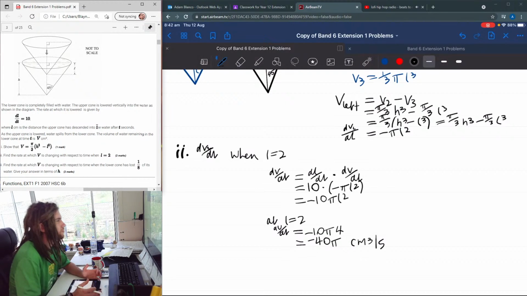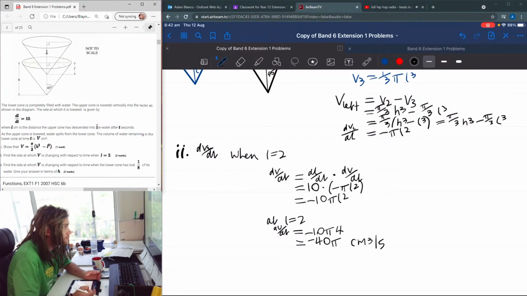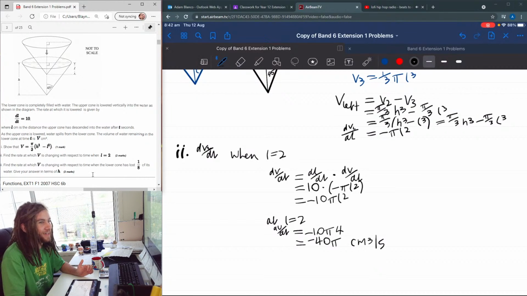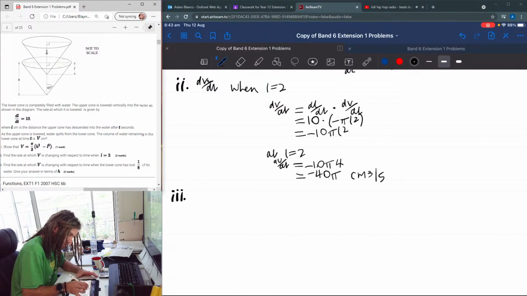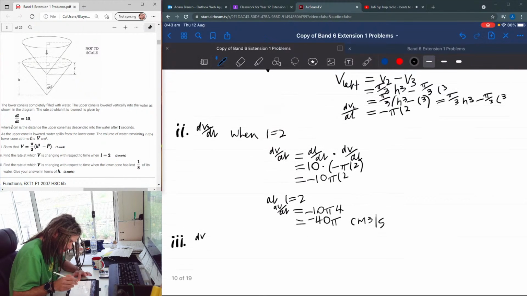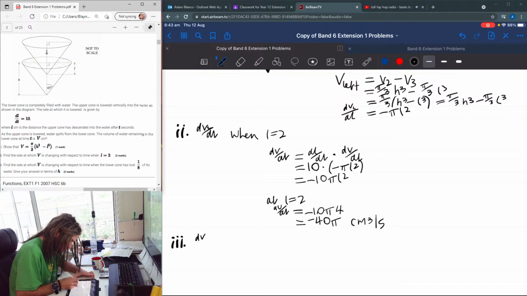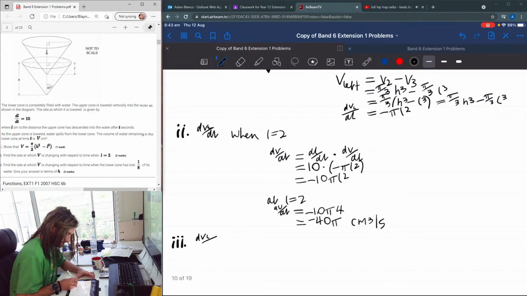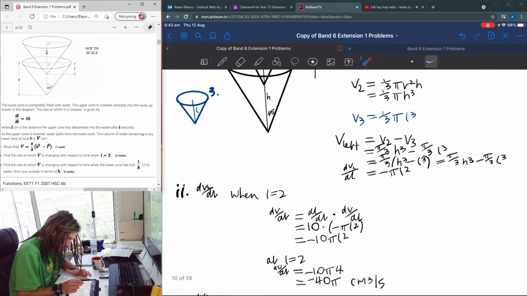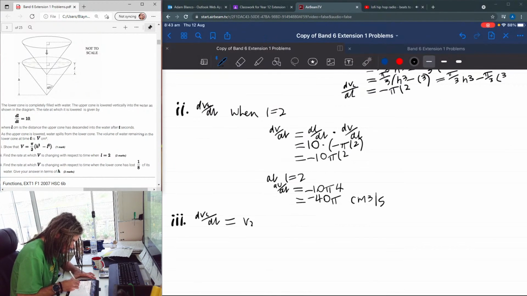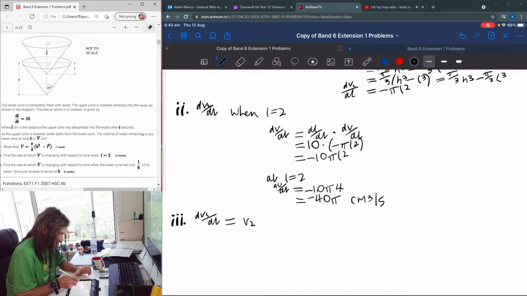Alright, last one. Find the rate at which V is changing with respect to time when the lower cone has lost 1/8 of its water. Okay. So I want the rate at which V, now V for me is V left, so the one that's actually got water coming out of it, with respect to time, when the lower cone, which I called V2, has lost 1/8 of its water, so that means it now has a capacity of 7 on 8.